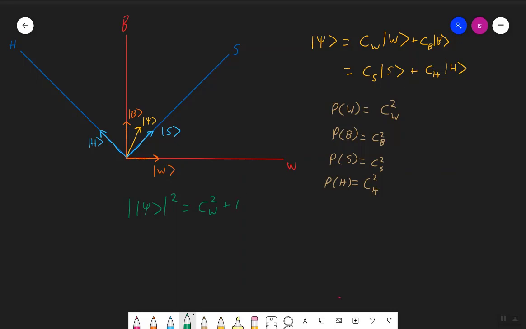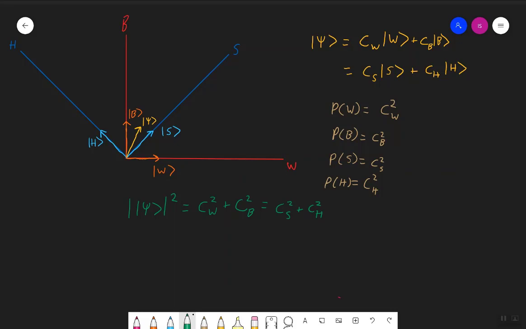And this is why I'm doing the magnitude squared, just because then we don't need to have any square roots, right? But the magnitude squared, the length squared has to be the same in the hardness basis. So this would be the same as C_soft squared plus C_hard squared. Right? This is just the length squared of a vector psi.